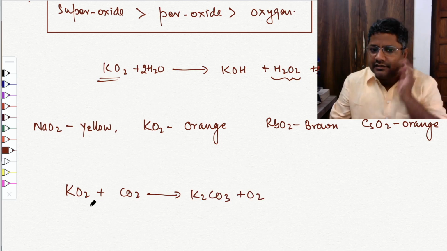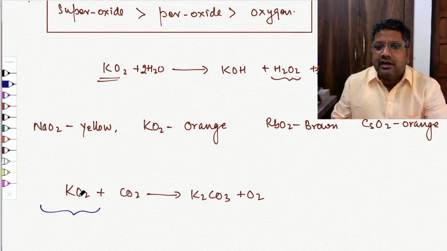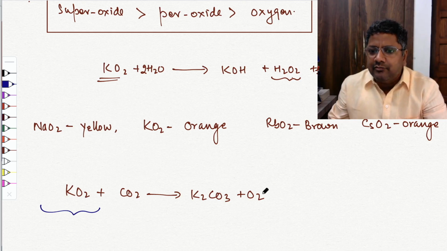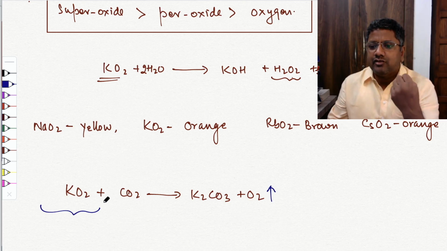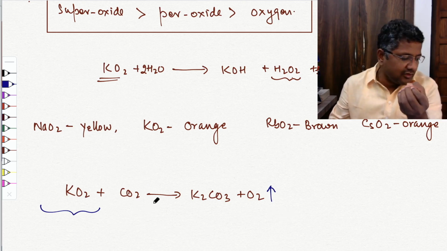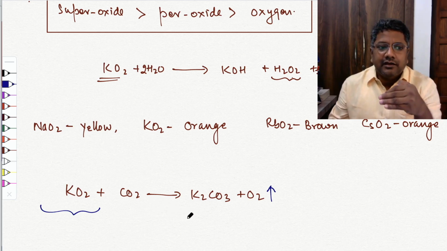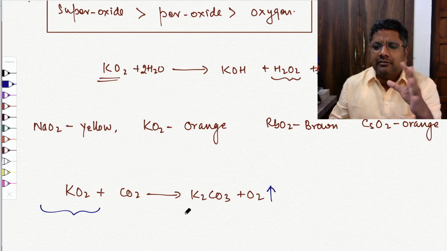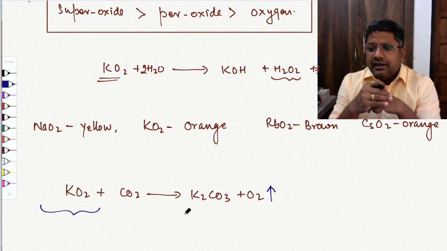So this KO2 can act as an absorbent for carbon dioxide and a producer of oxygen. This property makes these superoxides a good chemical for space capsules, submarines, or any place where there is a deficiency of oxygen, right?